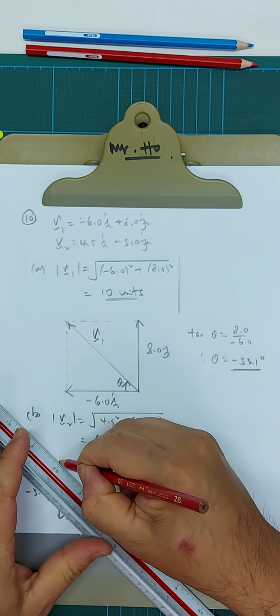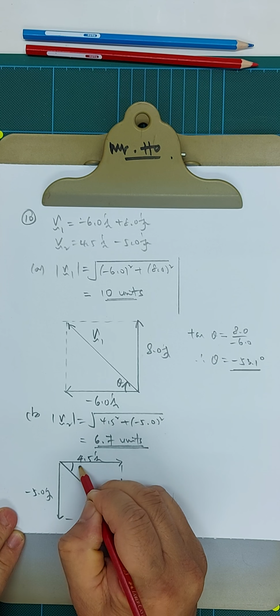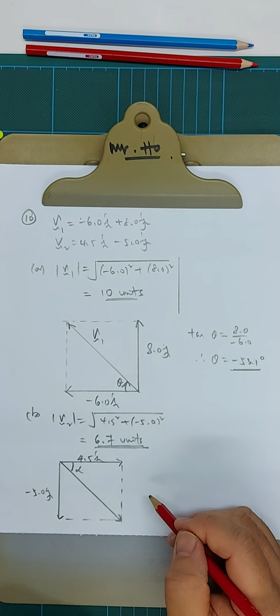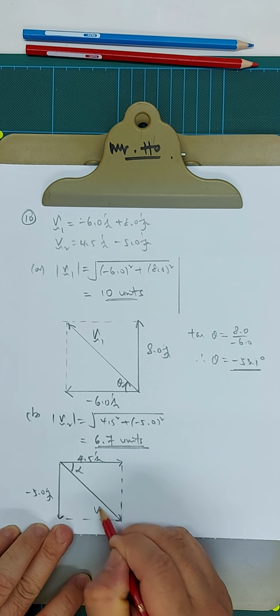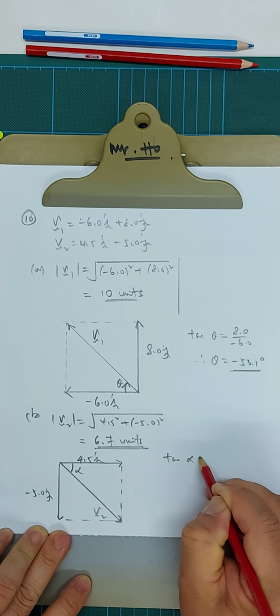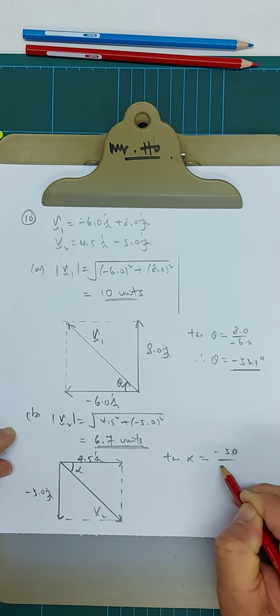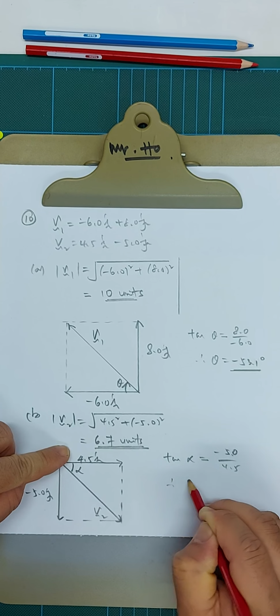So when we sum these up, we get this vector here, and the angle here I call alpha. This is vector V2. So using tangent, tangent alpha is equal to negative 5.0 divided by 4.5.